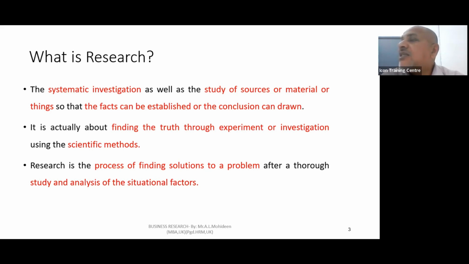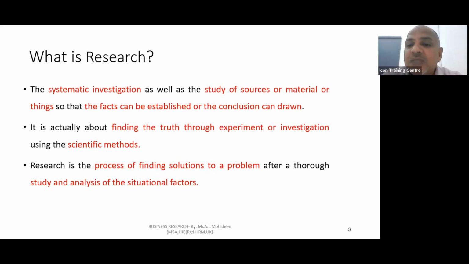Can you try to understand the first sentence? What is research? See, research is a systematic investigation. So you have to investigate systematically to find the truth. So you are going to study sources or materials or things so that the facts can be established and a conclusion can be drawn.